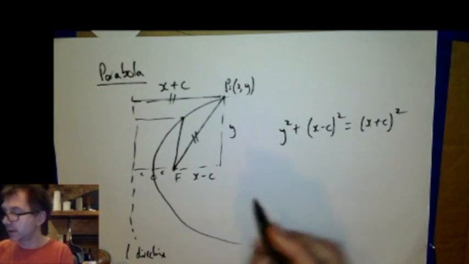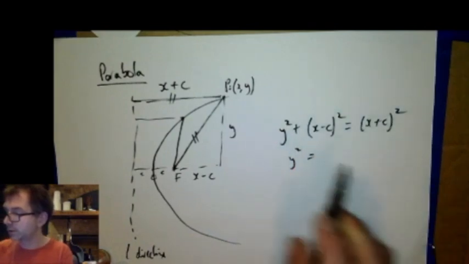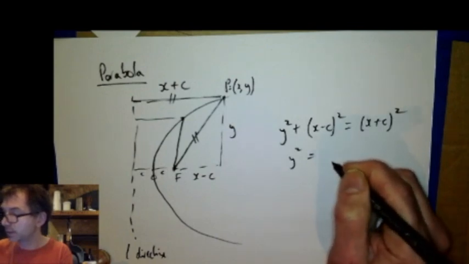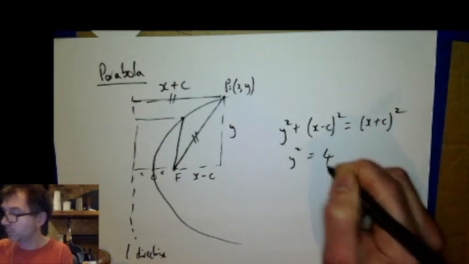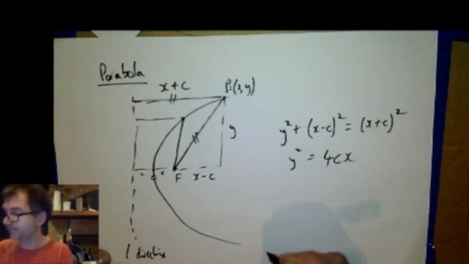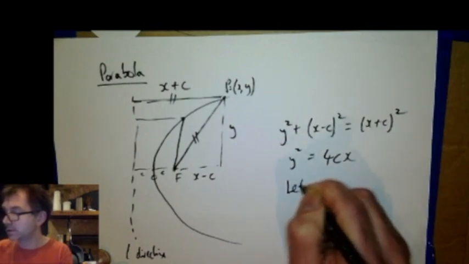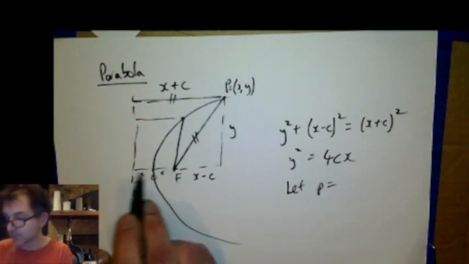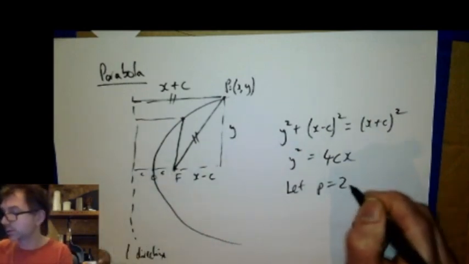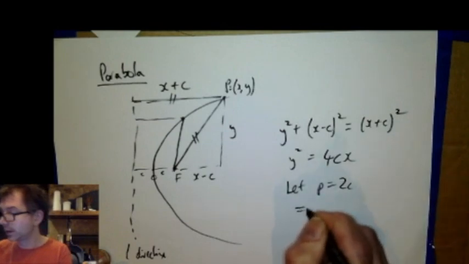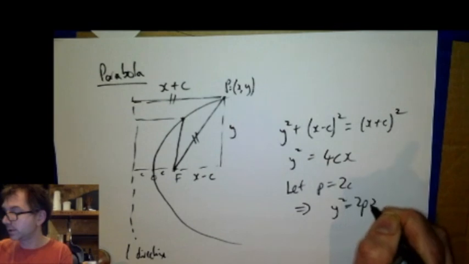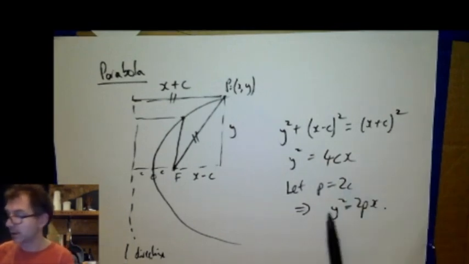If you rearrange that, lots of these terms cancel, and you get y squared is 4cx. So if I let p equal the distance from the focus to the directrix, so that's just 2c, then I get y squared is 2px. And that's obviously the equation of a parabola.